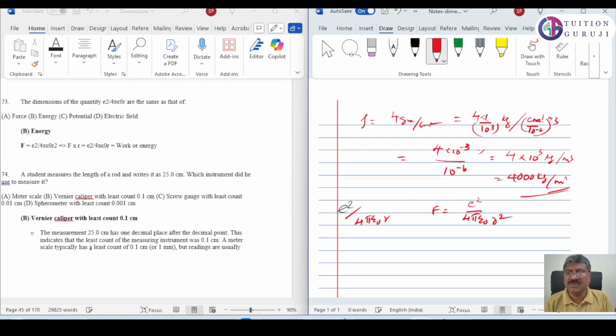So F into r is equal to e square by 4 pi epsilon 0 r. It is equal to M L T raised to minus 2 into L, which is M L square T raised to minus 2. It is nothing but work or energy.